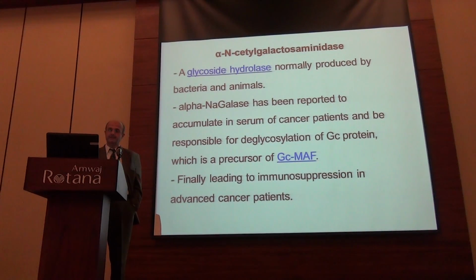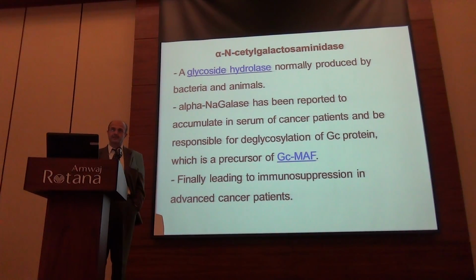Now, you'd think from the presentation that nagalase is something unique to cancers or unique to viral infections. We tend to see that there's accumulation or an increase in the concentration of nagalase in the blood of cancer patients and viral diseases.